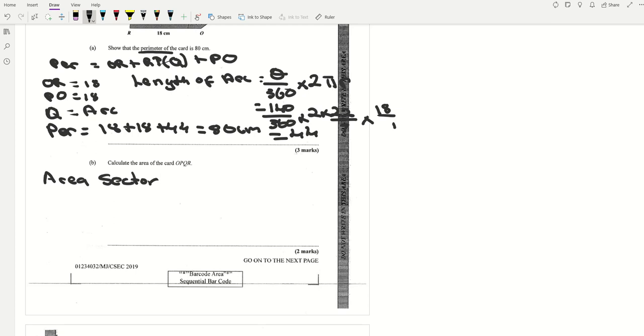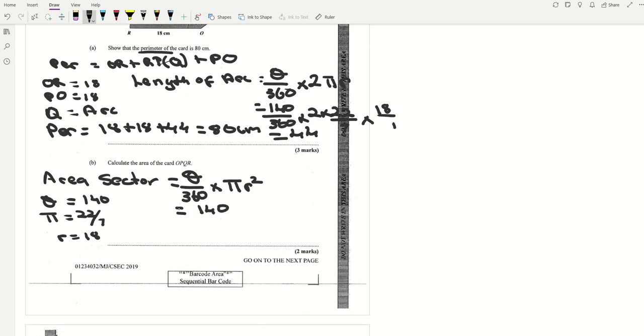So area of a sector is theta over 360 multiplied by the area of the circle, which is pi r squared. We know theta is equal to 140, pi is equal to 22 over 7, and radius is equal to 18. So you're going to put that in.